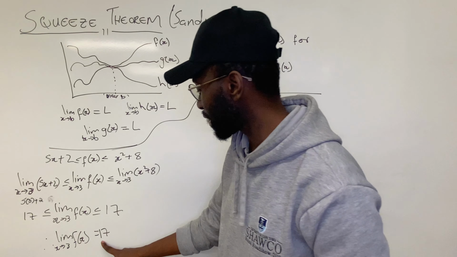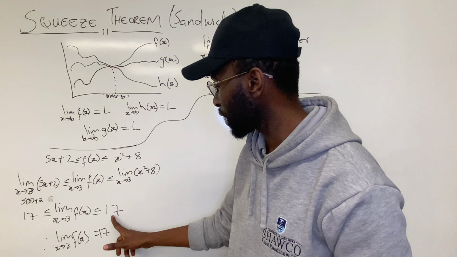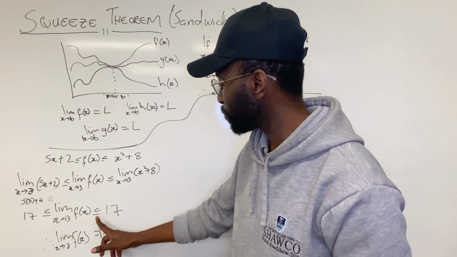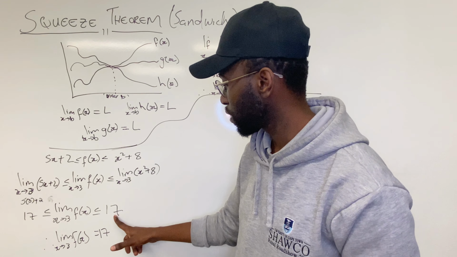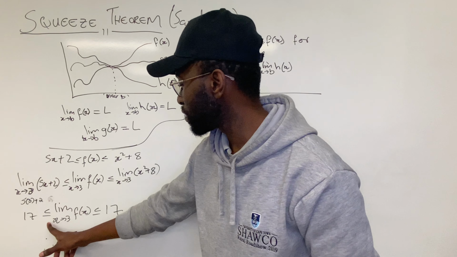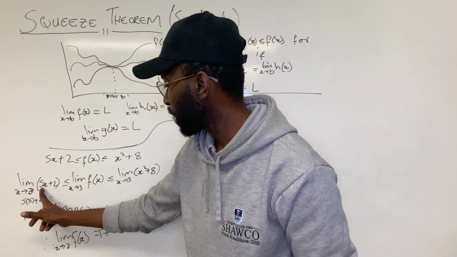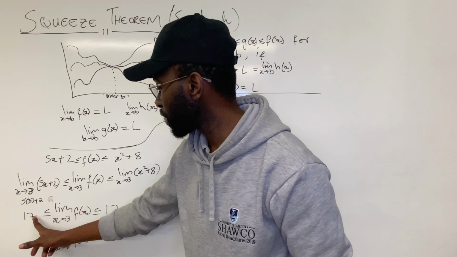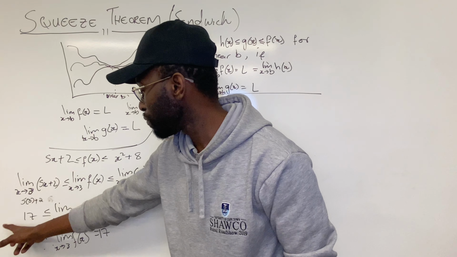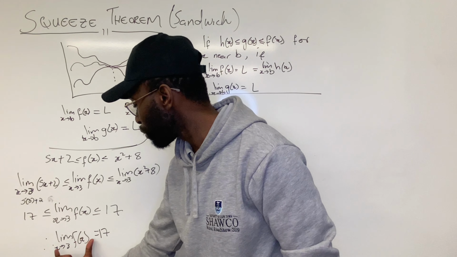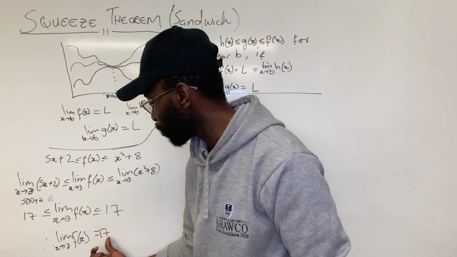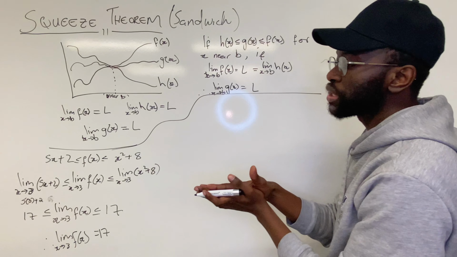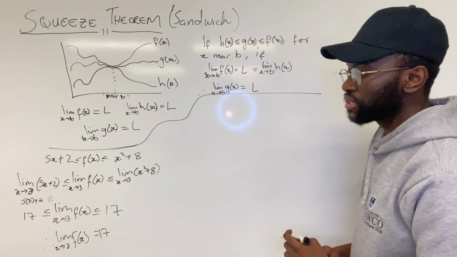Because it can't be greater than 17 because this function is not greater than this function. And it cannot be less than 17 because it's not less than this function. So it will be squeezed into 17 or sandwiched into 17.